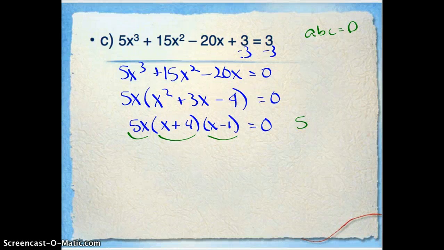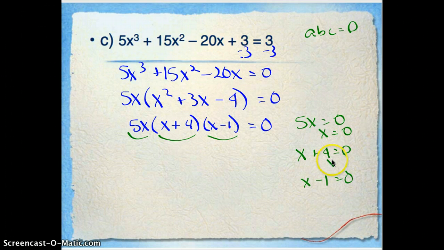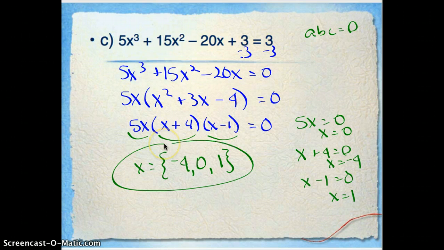So this time we're either going to say 5x equals 0, x plus 4 equals 0, or x minus 1 equals 0, in which case x could equal 0, or x could equal -4, or x could equal +1. In this case, any of these values would work. So I'm going to say -4, 0, 1. Those are all values that x could equal.